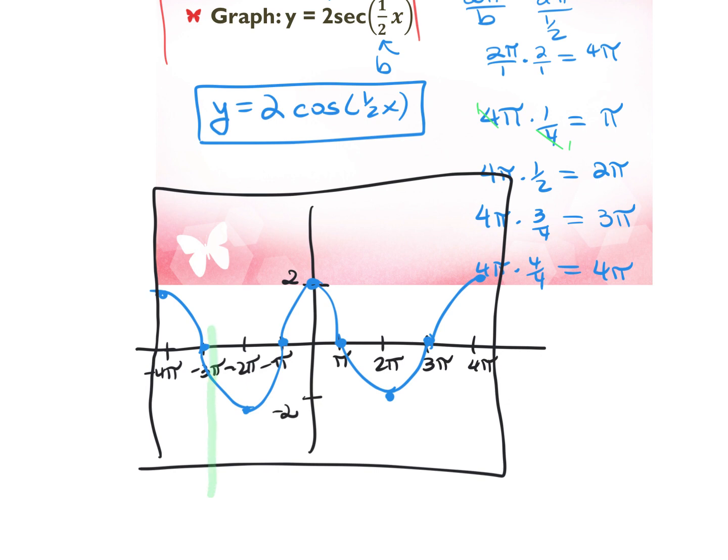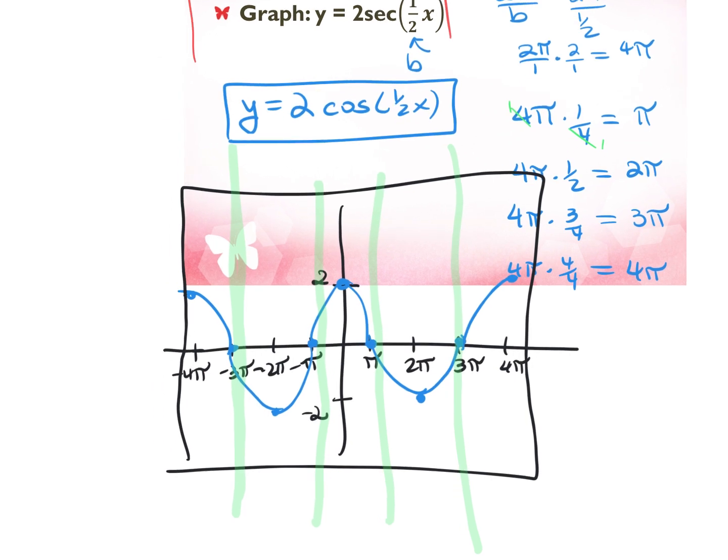So I've got an asymptote right here. I've also got one here, out of the viewing area. No, I don't. All right, so here, here, and here. Those are my asymptotes.